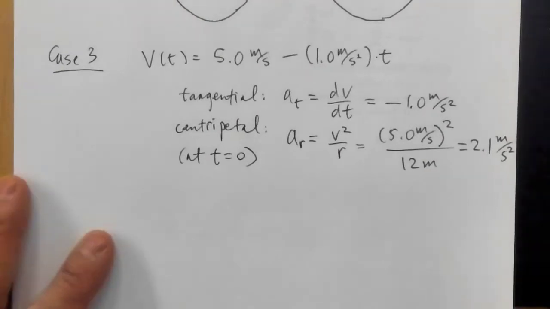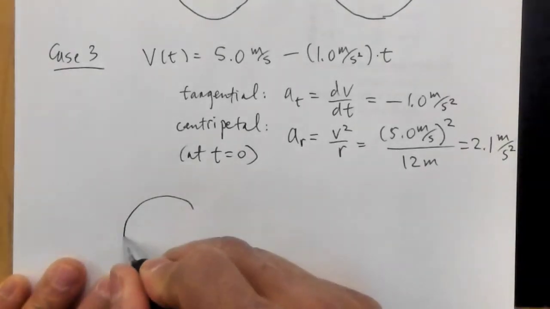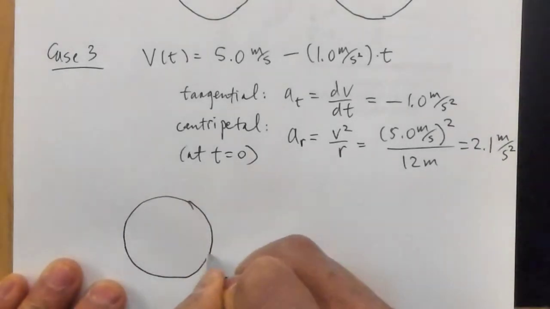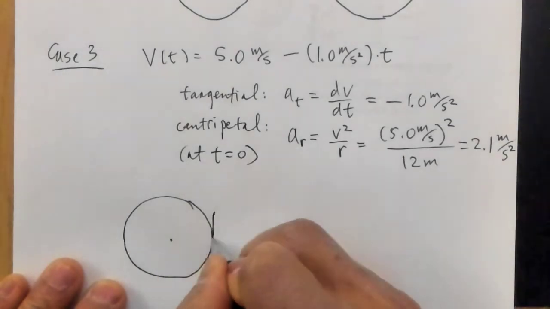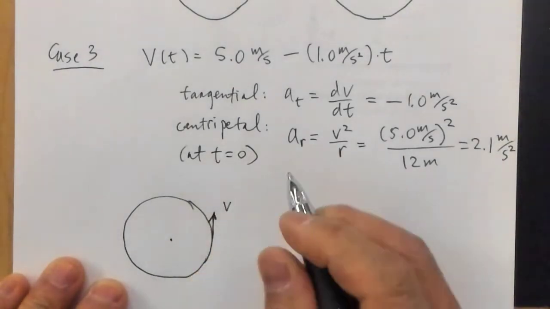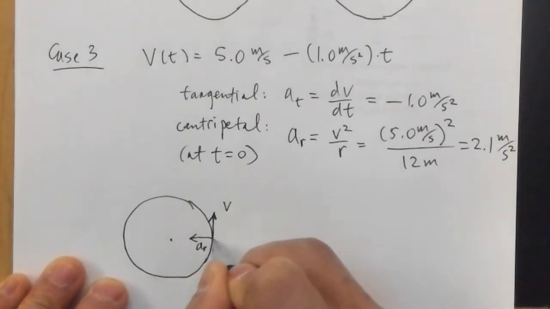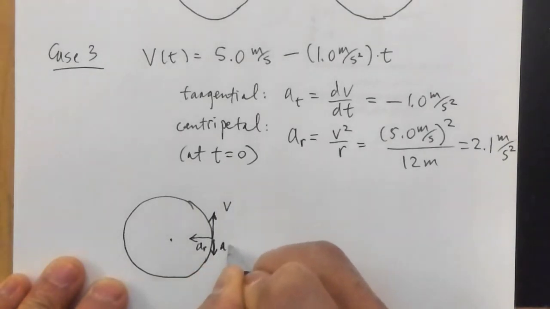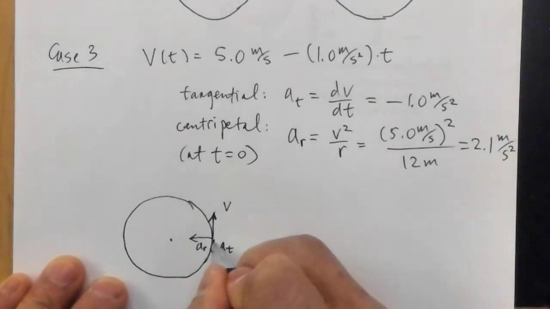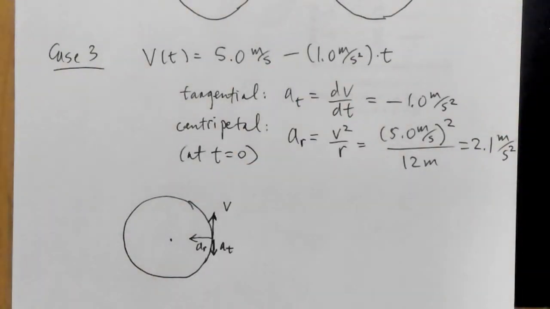So now let's draw this case. We have something like this. We have the velocity in this direction. We have the radial component going like this. And then we have the tangential component going backwards because it's slowing down. This time it's slowing down.